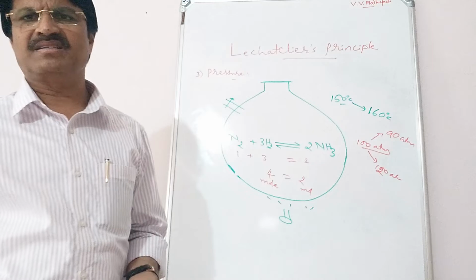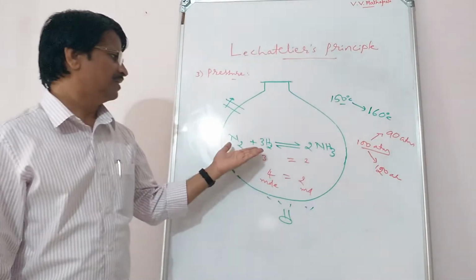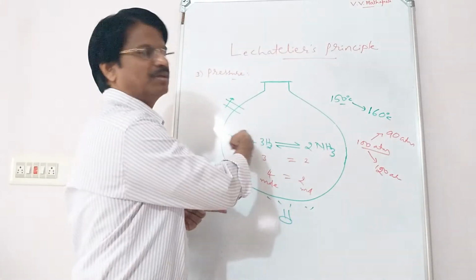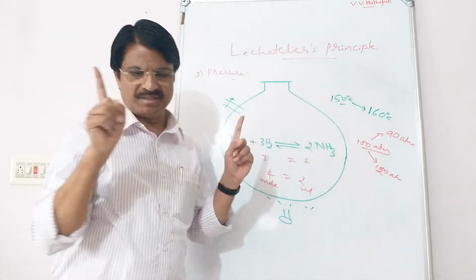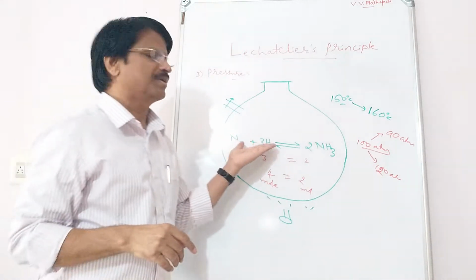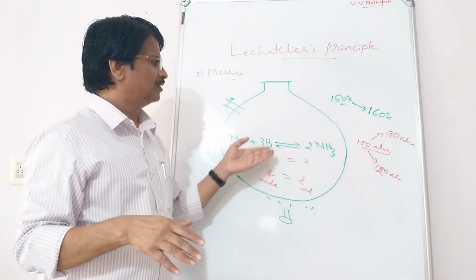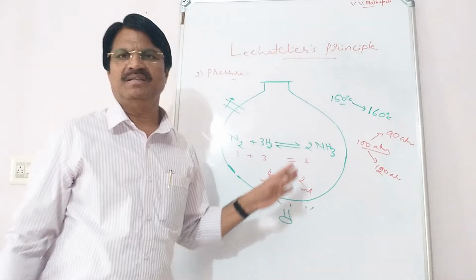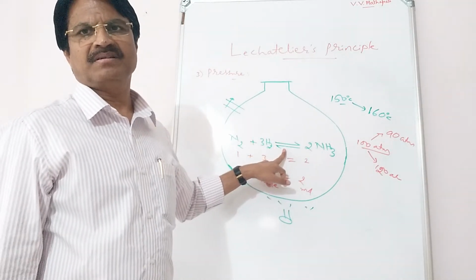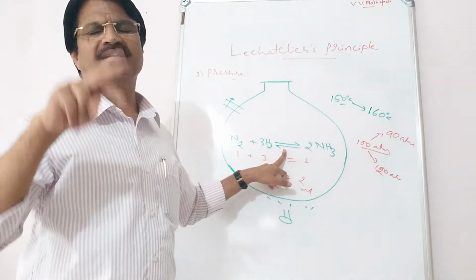And effect of catalyst. In the previous class I told the effect of catalyst. If a catalyst is added at equilibrium, both the forward and backward reaction speeds increase to the same extent. Hence, the equilibrium constant K remains the same, and the equilibrium position is not affected.